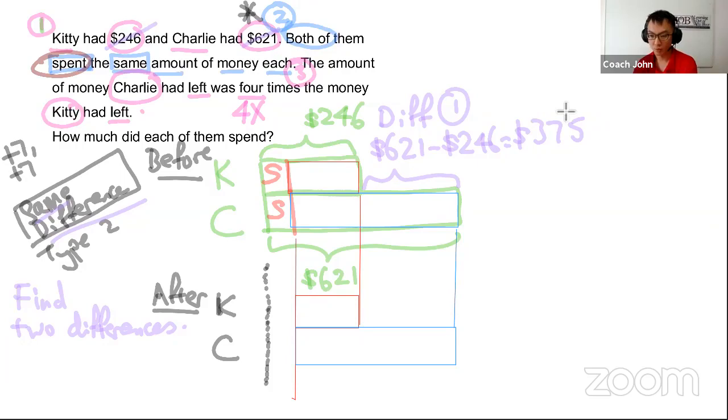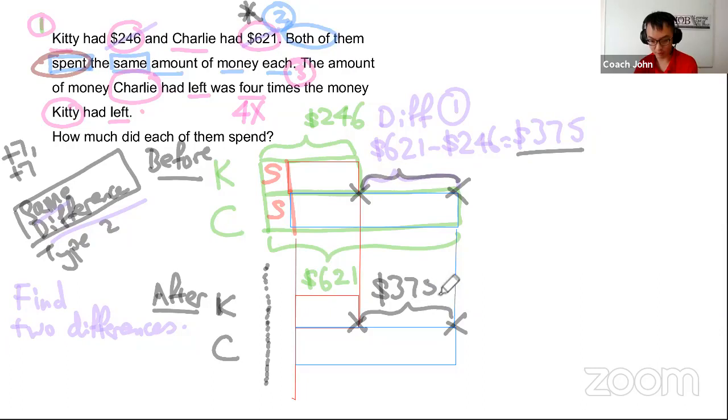Now, will you be convinced if I tell you, mommy or daddy, my difference will still be the same? It starts here, it starts here, it ends here, it ends here. So meaning that if this is 375, this is 375 as well. All right, parents, I'm teaching you using the same way which I teach my daughters.